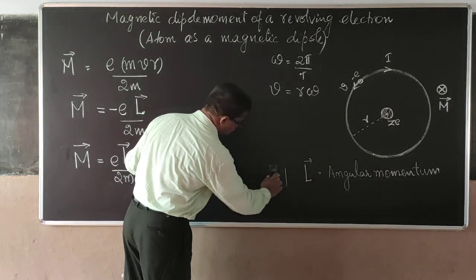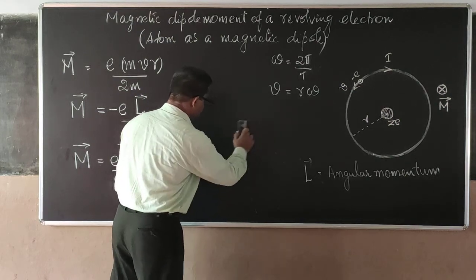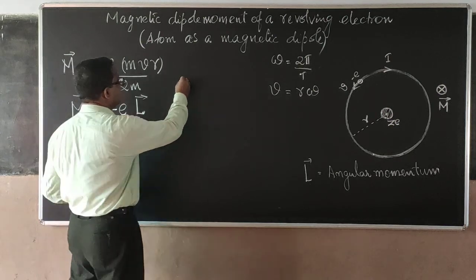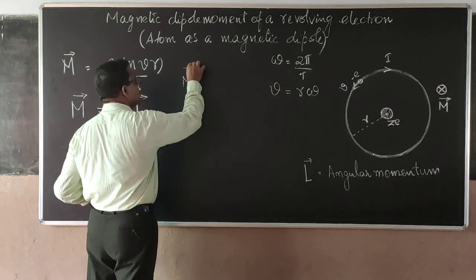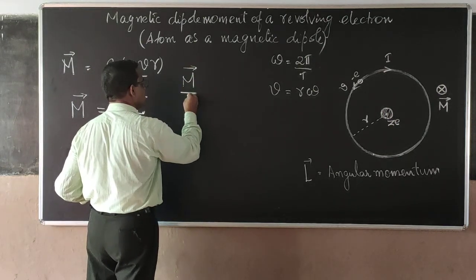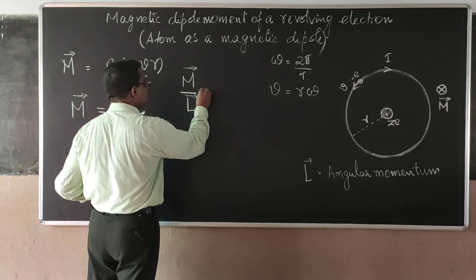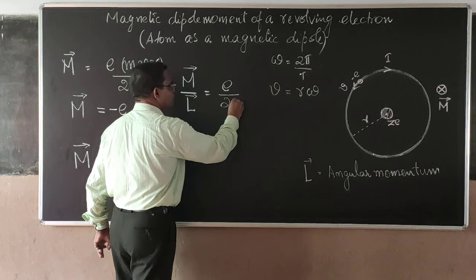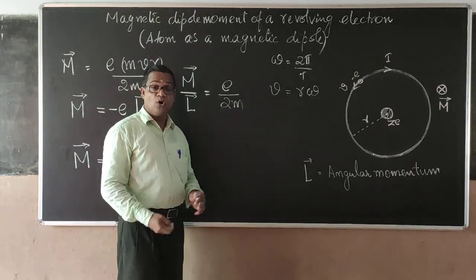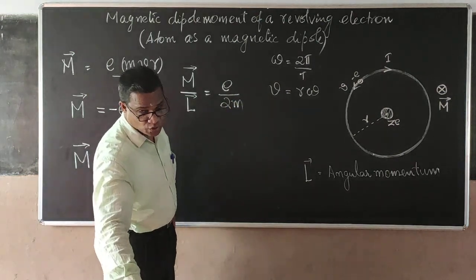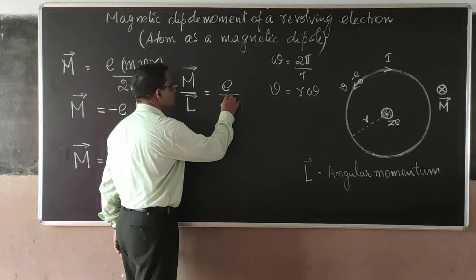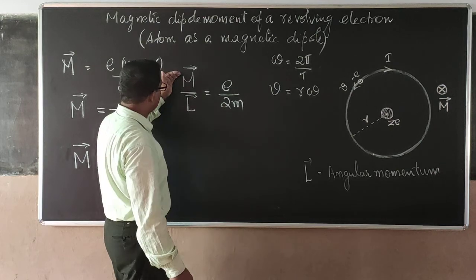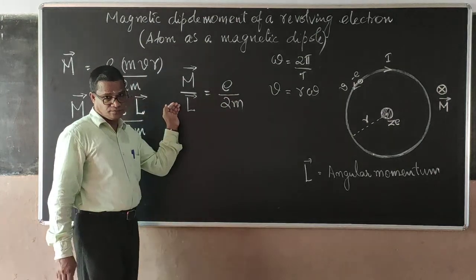Let me erase this one, and from here I get μ by L. I introduce a quantity μ by L which is equal to e by 2m. I am taking only the modulus here, the magnitude only. So e by 2m.